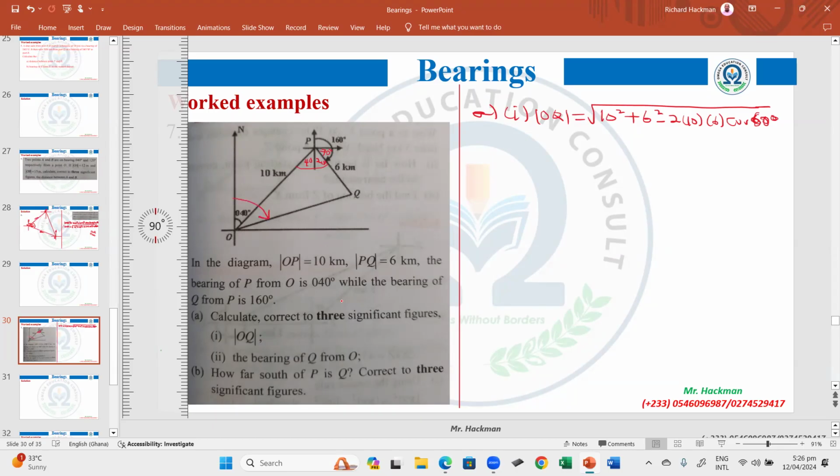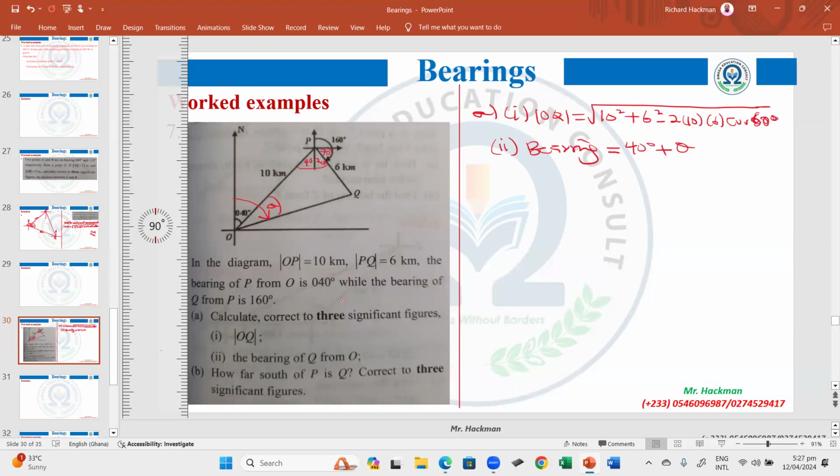So the bearing will be equal to the 40 degrees there, plus the angle theta here, which will be one of the interior angles. You need the sine rule to find it. By then you had found this up here. So you can continue. Is my point well made?